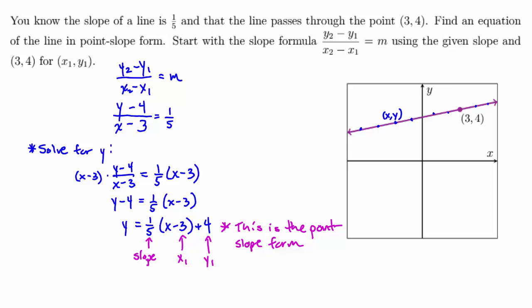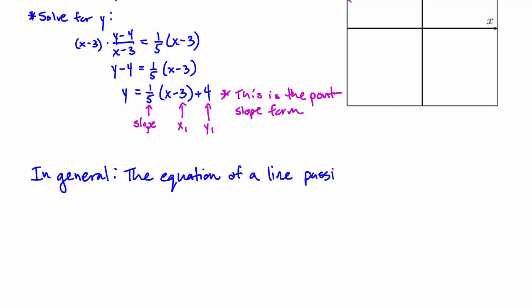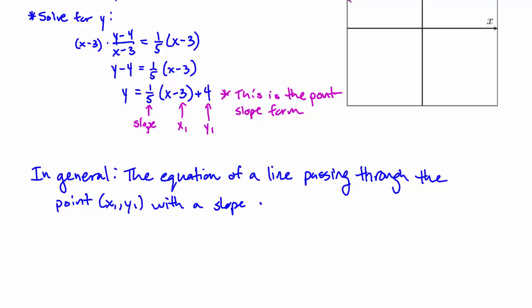So we're now going to generalize this. And in general, the equation of a line passing through the point x1, y1 with a slope of m is given by this.